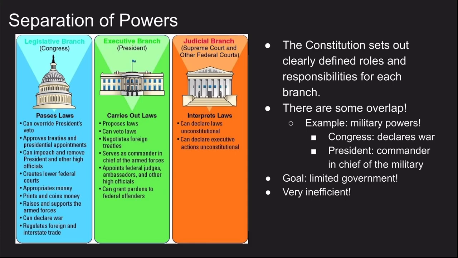A reminder: the goal is to clearly define these roles and powers, even though there is some overlap, to limit the power of government. We don't want all the military power within the executive or the legislative branch, because that would give one branch too much power. Yes, we want to limit government, and yes, it creates an inefficient government, but it's what the Founding Fathers wanted.